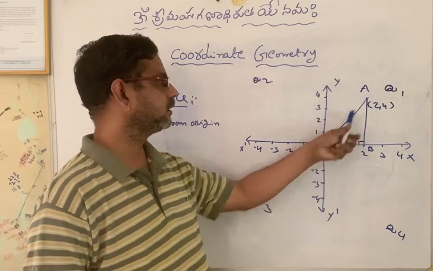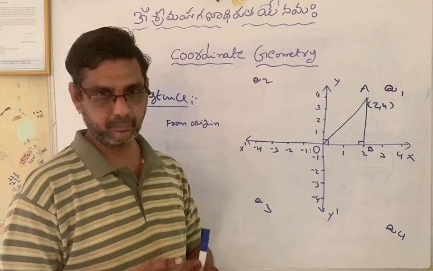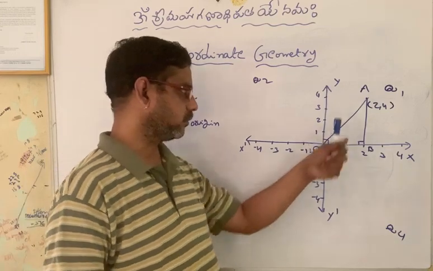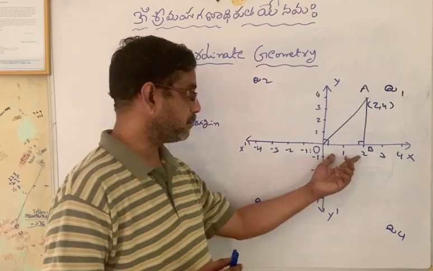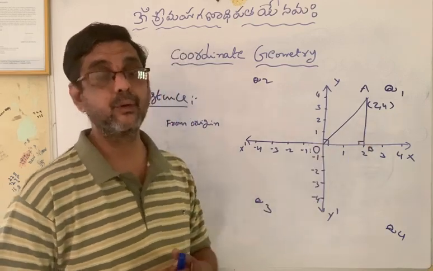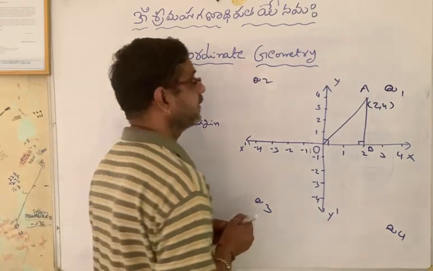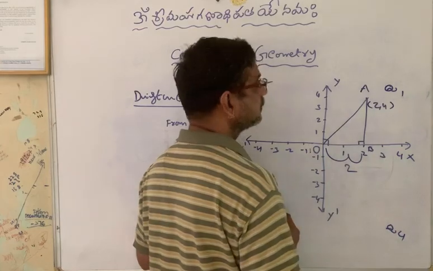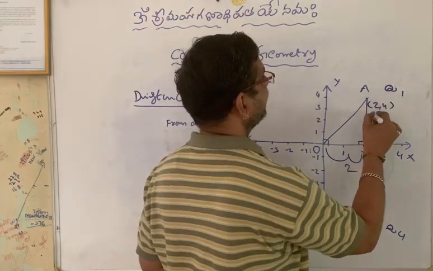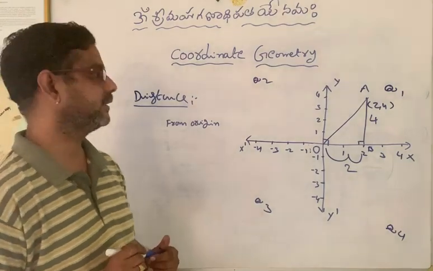Can we find out the length of OA? Yes. We can apply the Pythagoras theorem and find the length of OA if we know OB and AB. So what is OB? It is 2 units. And what is AB? It is 4 units.